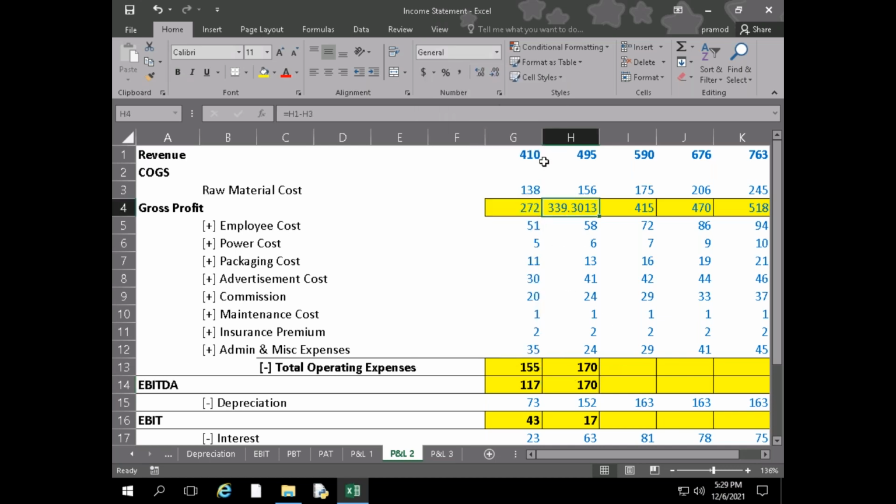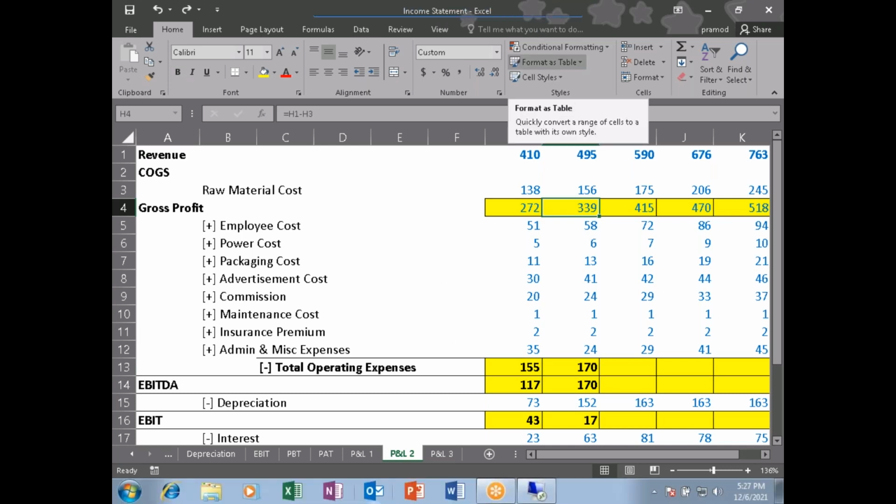All are decimal values, if you see here. So that decimal is added here, that's it. Did you understand?